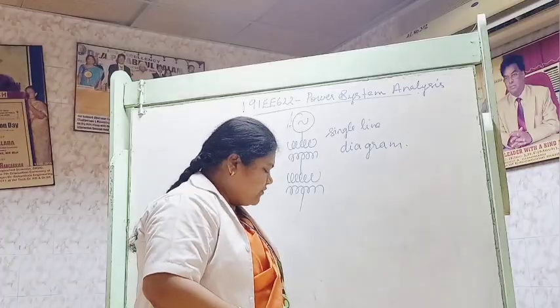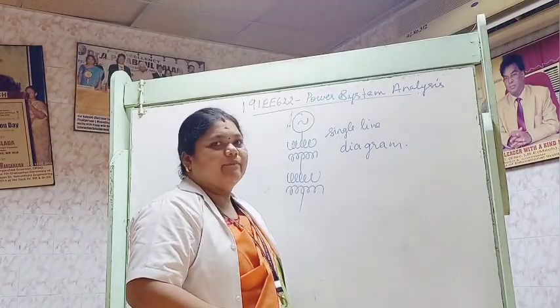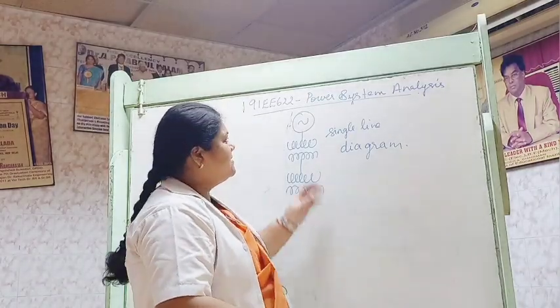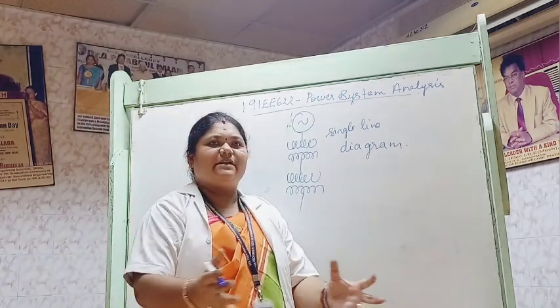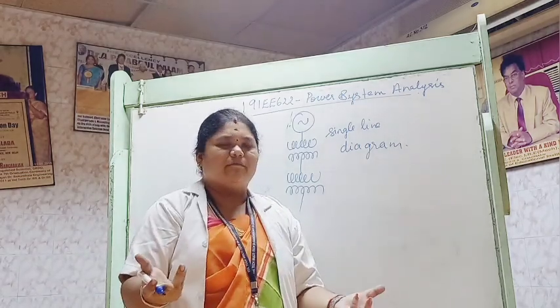Why do we want to know about a single line diagram? Why is it represented as a single line diagram? We call it a generator, but a full generator system cannot be drawn, right?